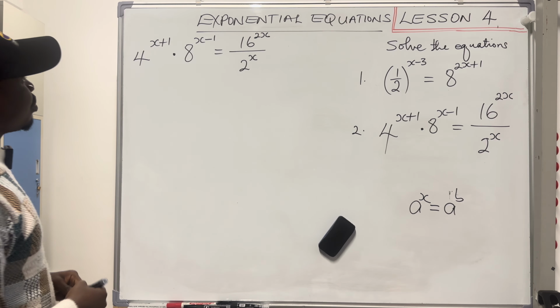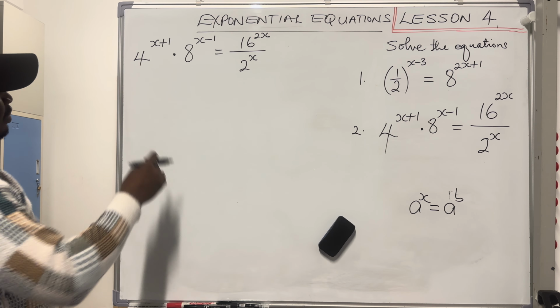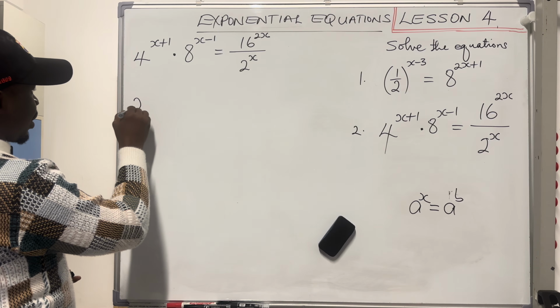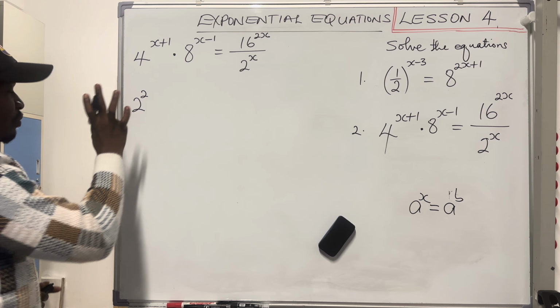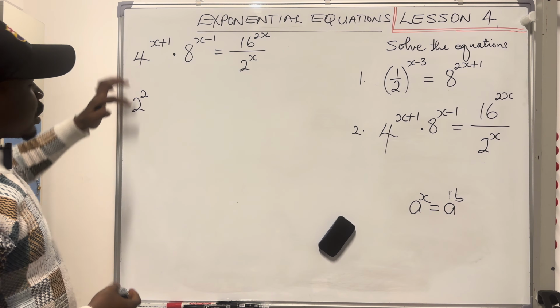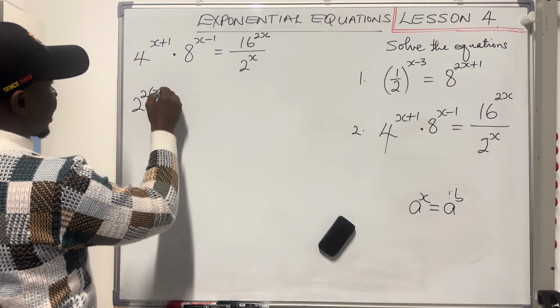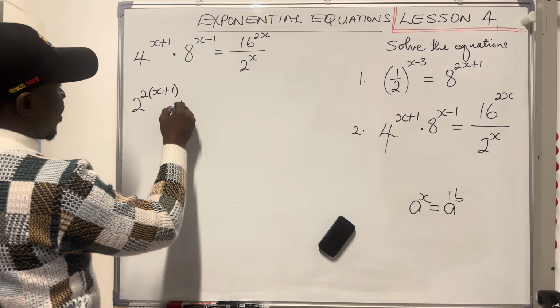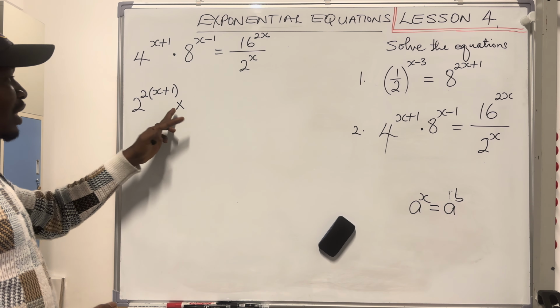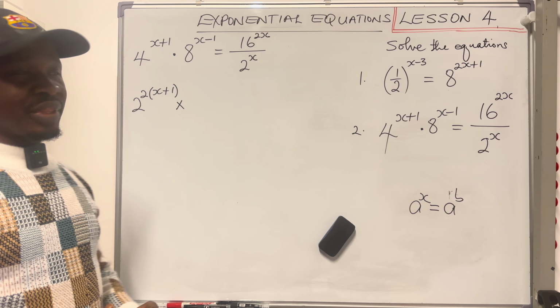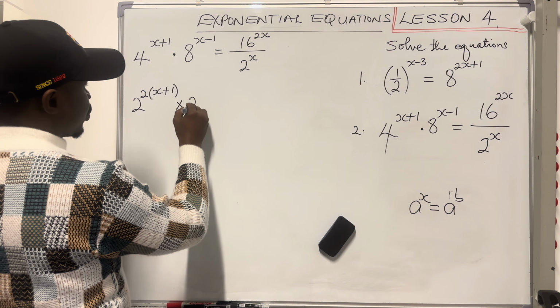All right. So what we do is that 4 can give us 2 to the power 2. Just 4 is 2 to the power 2. So 2 is a new power. It has to multiply the original power, which is x plus 1. You can choose to write it this way if you are comfortable with it. 8 will give us 2 to the power 3.